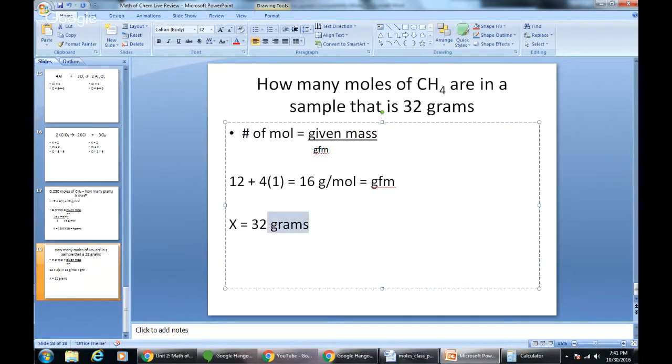You're going to put that over gram formula mass, which is 16 grams per mole. That equals 32 divided by 16, which is 2. So there's 2 moles in a 32 gram sample of CH4.